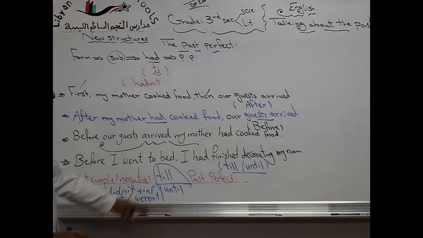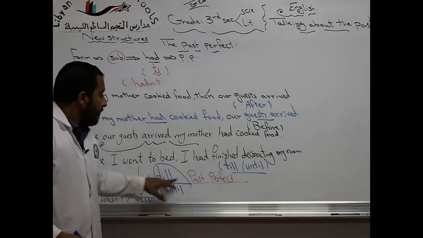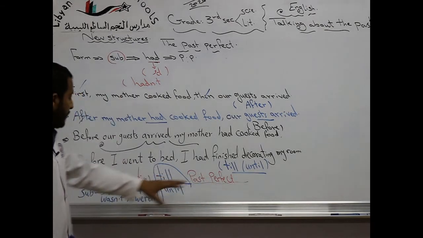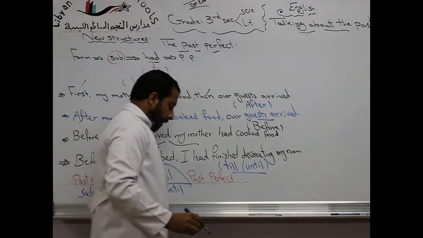We use until or till between the two sentences. They must be followed by past perfect preceded by past simple negative.